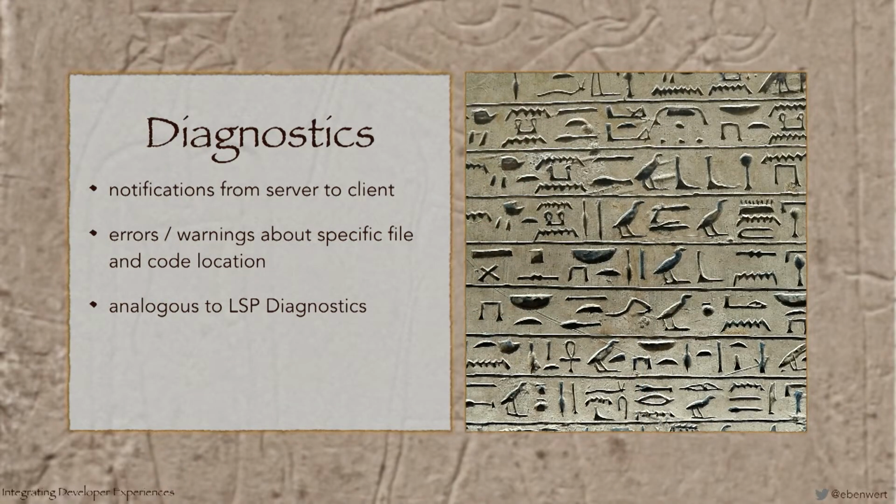So yeah, errors, warnings, connected to a specific code location. LSP has exactly the same system, so a language server can just push through diagnostics from BSP to an LSP client.